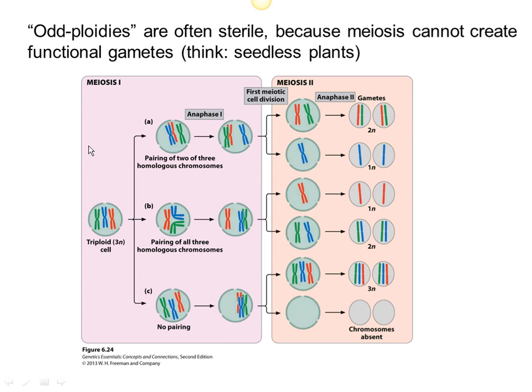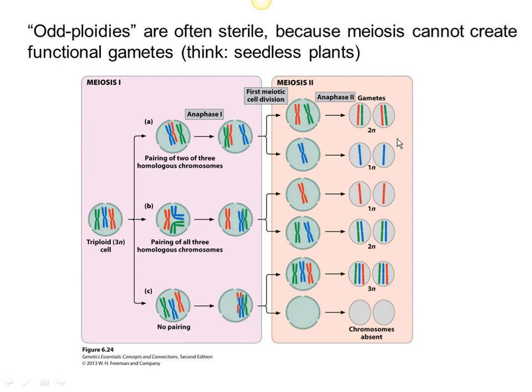Okay? And this is just showing you why an odd ploidy cell, whether triploid or pentaploid, can't go through meiosis correctly, because they're showing you how the pairing is going to try to happen. You'll either pair 2 of the 3 homologous chromosomes of each type, or all 3 will try to pair, or there will be no pairing, but it's all screwed up.